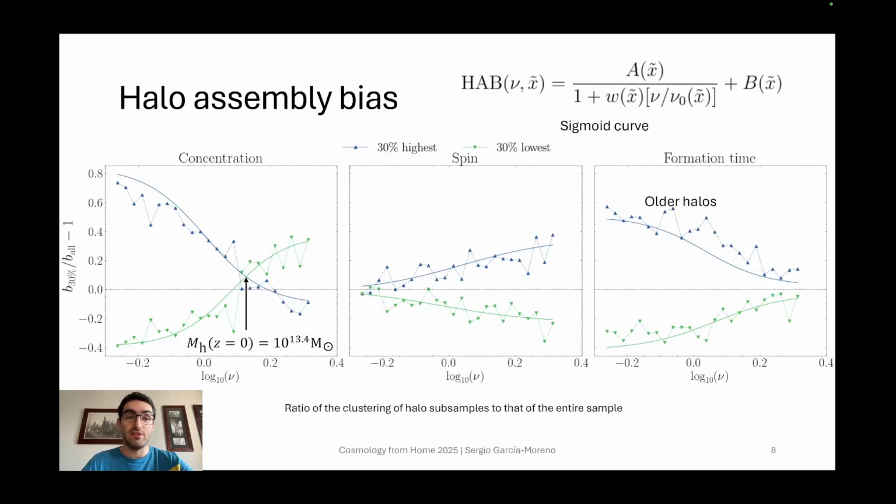Then, to model halo assembly bias, we will use a sigmoid curve with the expression shown here.